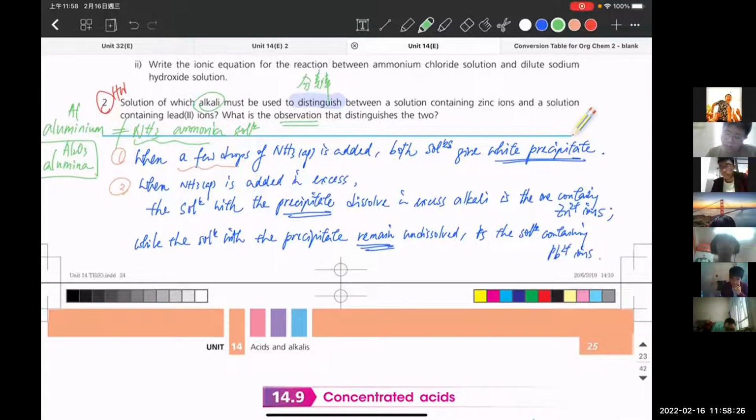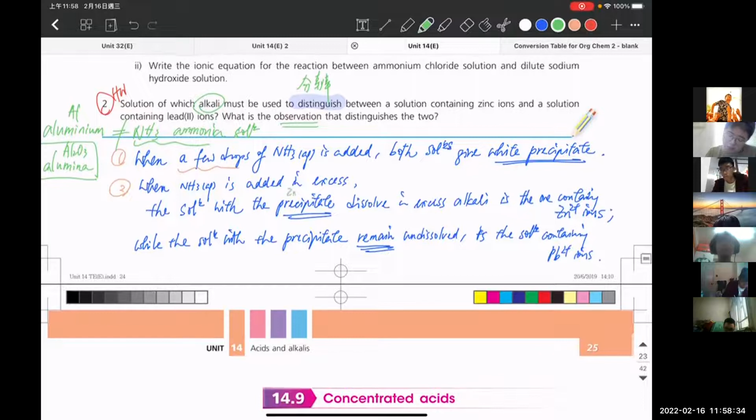Both will form PPT, but the two PPTs are different. For the solution containing zinc ion, the white PPT is zinc hydroxide, while for the lead-2 ions, the PPT is still white, but we call that lead-2 hydroxide. If I add ammonia solution in excess, it dissolves in excess alkaline.